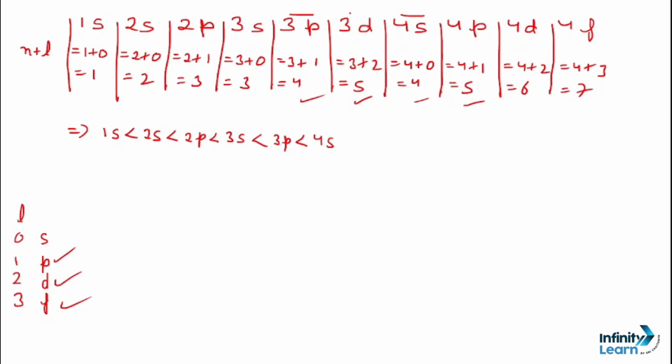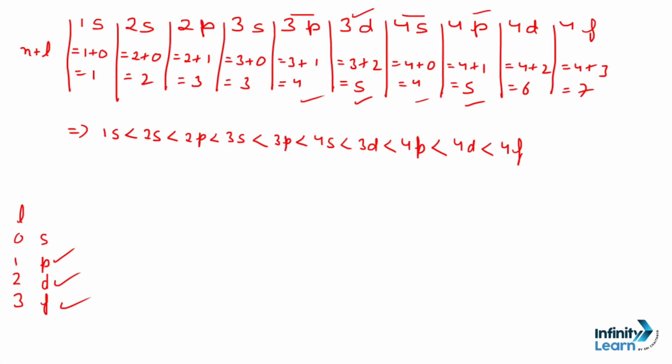Then 3d and 4p values are the same, so here also 3d's n value is lower, so we will take 3d. Then after it we will take 4p, and at the last 4d and 4f are only left, so it is very simple as the values are different, so 4d will be taken first, and then after we will have 4f.